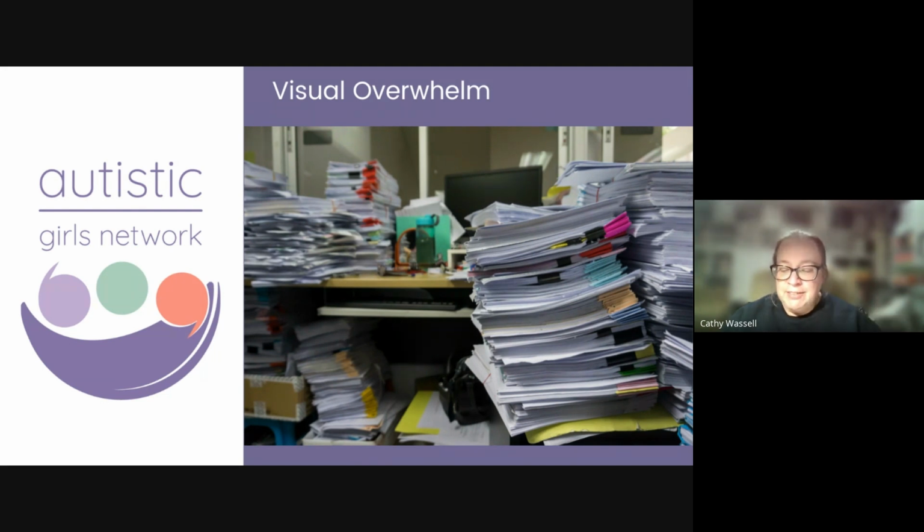But it's like having a constant distraction if you have visual clutter. Not necessarily this kind of visual clutter. I'm not necessarily talking about piles of stuff and untidiness, but lots of things on the wall to distract you, lots of patterns to distract you. You may be unable to filter out any of that visual information.